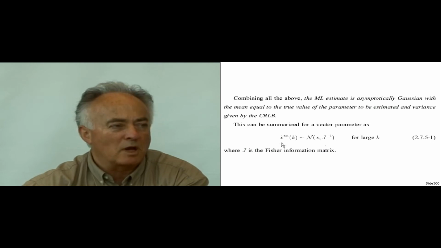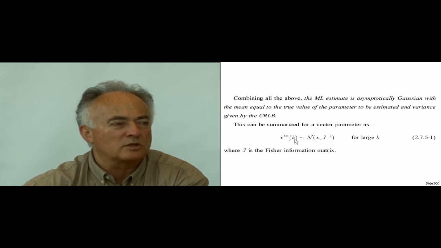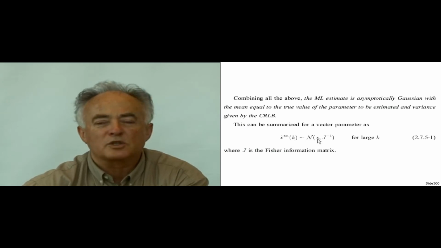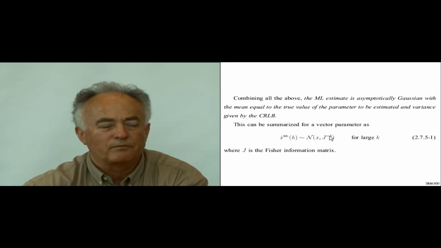X hat ML, the maximum likelihood estimator for the vector x based on k observations, for large k is Gaussian with mean equal to the true value and covariance matrix given by the inverse of the Fisher information matrix. It's not indicated here, but J is obviously a function of k.